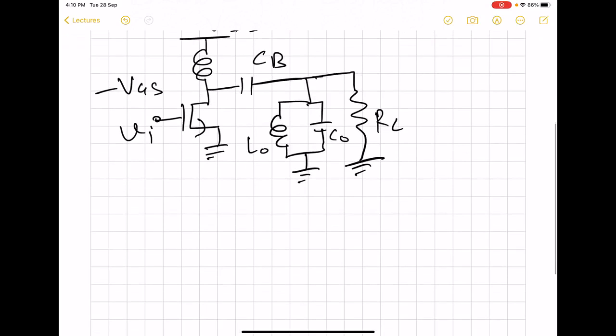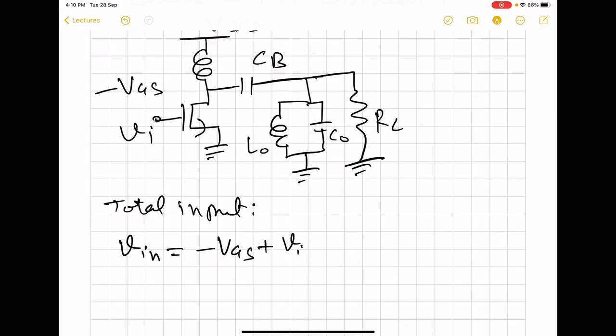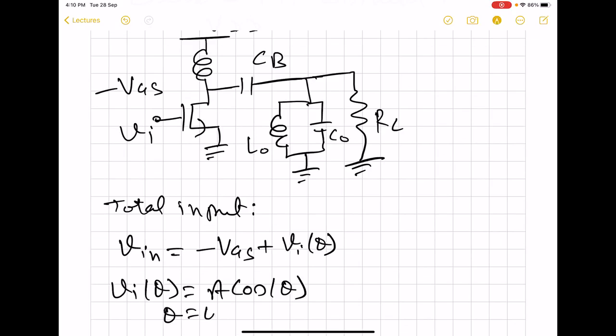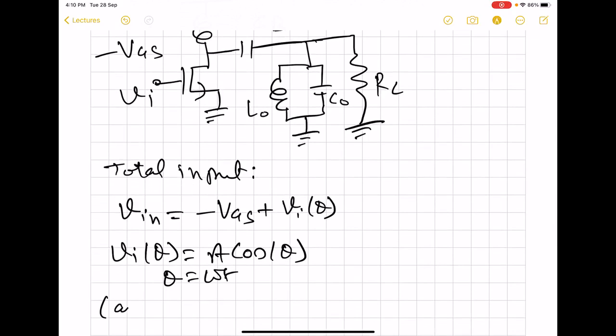So in this case, the total input is going to be minus VGS, DC negative voltage, plus our time varying input. And time varying input we have been taking like this, where theta is omega t. And for this case also, we will assume VTH for the MOS to be 0.